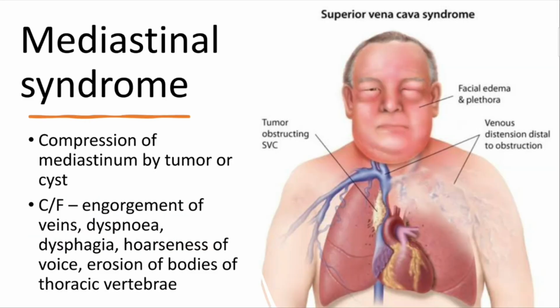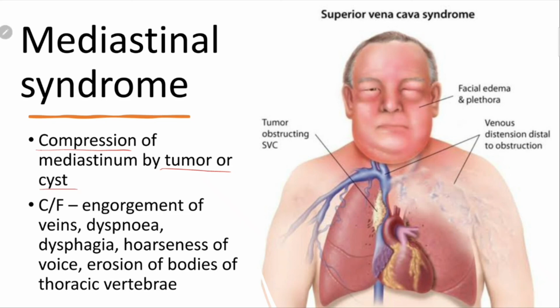Next is the mediastinal syndrome. The compression of the mediastinum by tumor or cyst gives rise to a group of signs and symptoms, producing a clinical condition called mediastinal syndrome. The common causes of mediastinal syndrome are bronchogenic carcinoma, aneurysm of aorta, enlargement of mediastinal lymph nodes in Hodgkin disease.